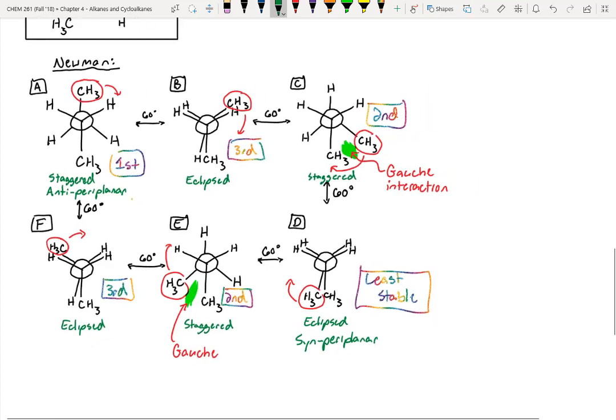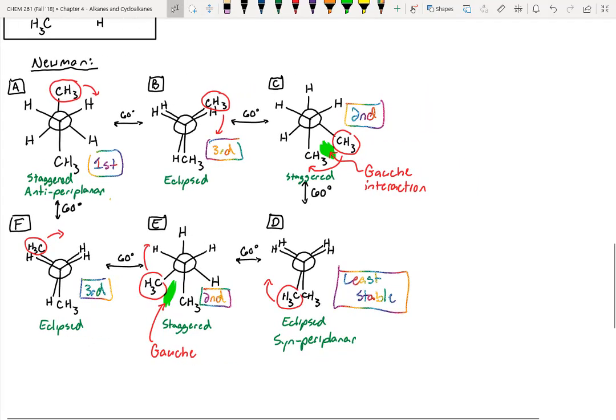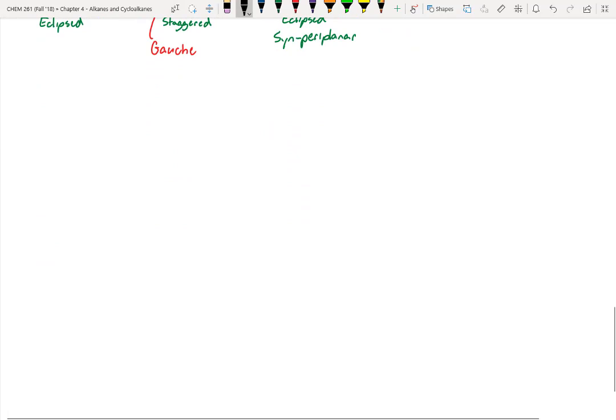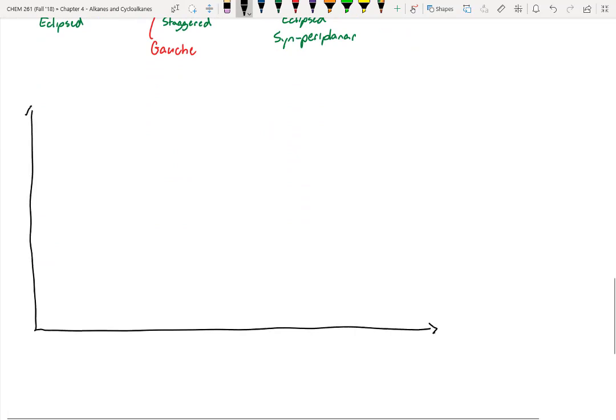All right, so now what we're going to do is make a big graph showing the potential energy for each of these rotational clicks. So I'm just going to draw this down here. And instead of drawing out the full structure, I'm just going to use the letters that we coded them as, right? All right, we said compound A was going to be the most stable, right?